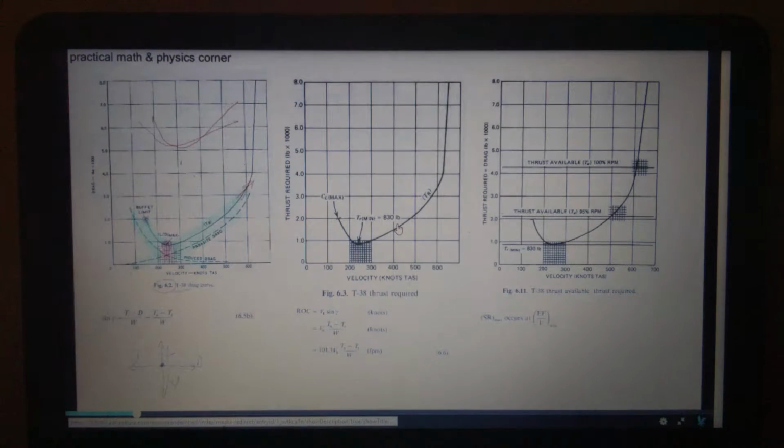This equilibrium is the overarching theme and the driving factor in all our performance discussion.